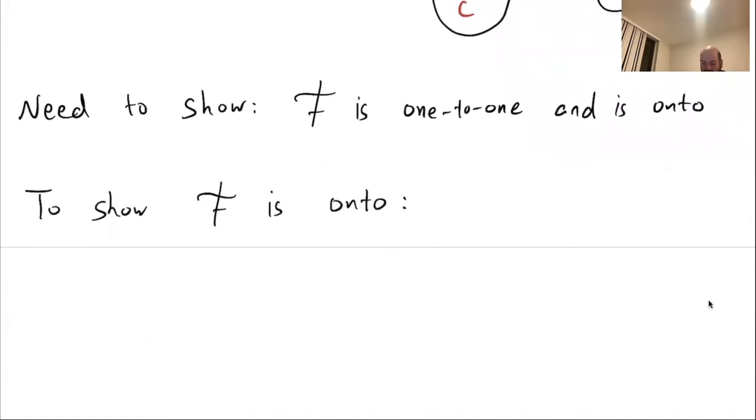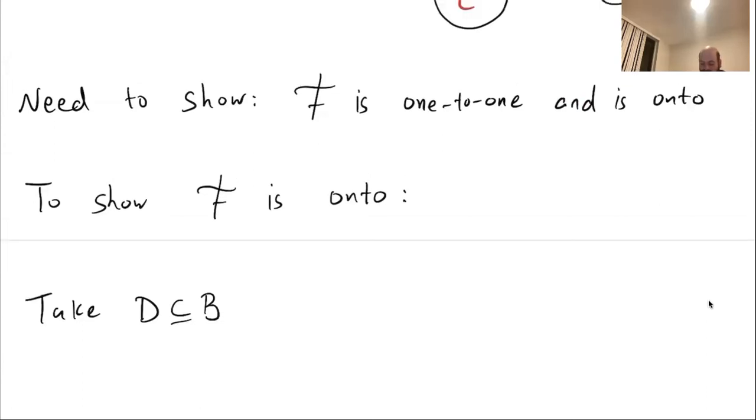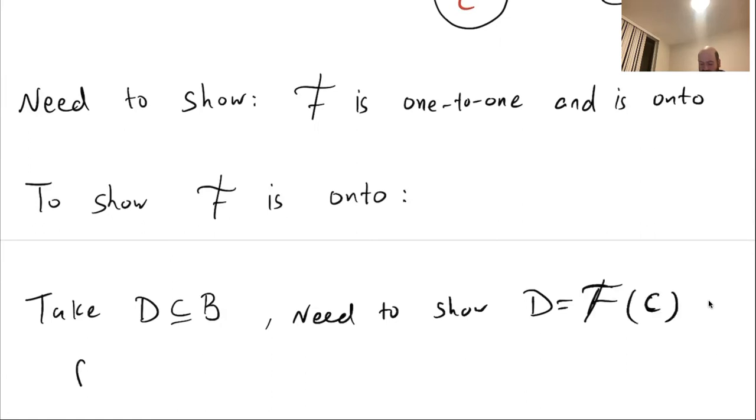So let's take some subset of B. Let's say D as a subset of B. I have to show that this D is the output for some input in P of A. So I need to show D is equal to curly F of C for some C.